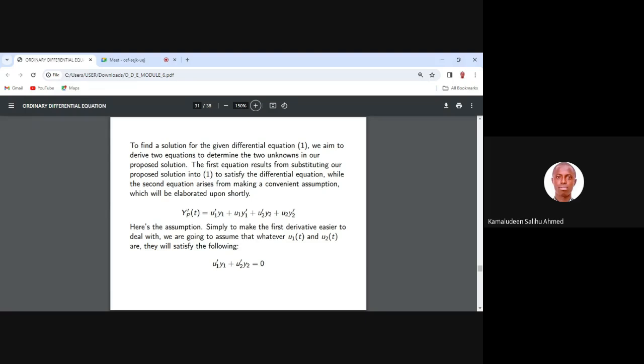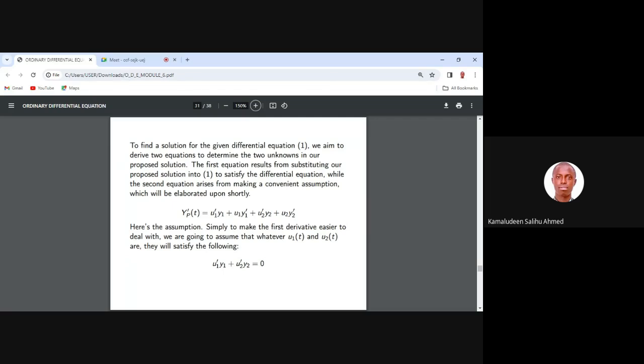Here is the assumption. Mathematicians, you should understand when they say assumption. It means they are going to assume something here, and it's allowed because you want to derive a formula, you want to make a proof of something. So whatever way you use must be visible and mathematically accepted.